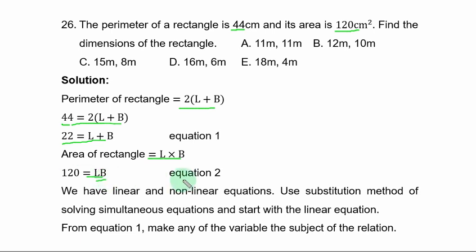When you are to solve linear and non-linear equations simultaneously, the best approach is to use the method of substitution, and you start with the linear equation. In equation 1, you make any of the variables the subject, and you put that resulting equation in equation 2 and continue with the solving process.